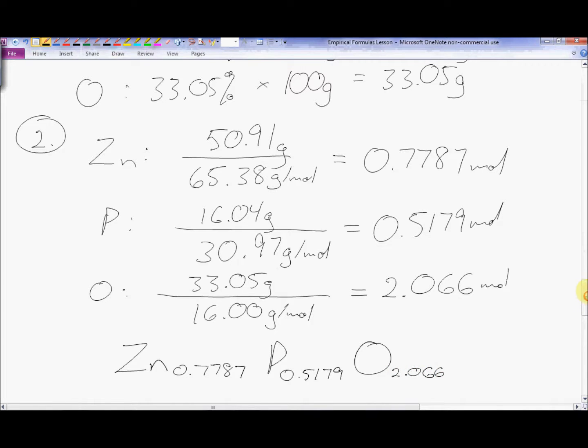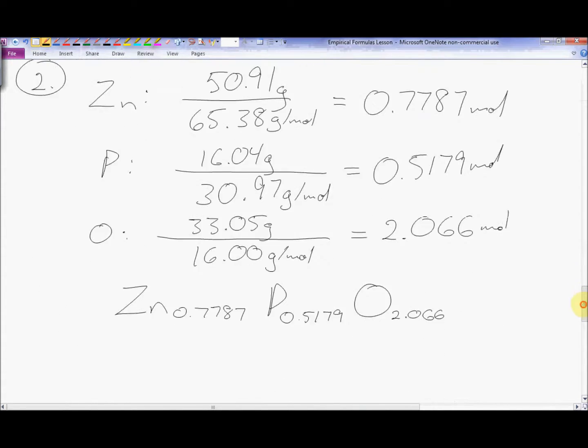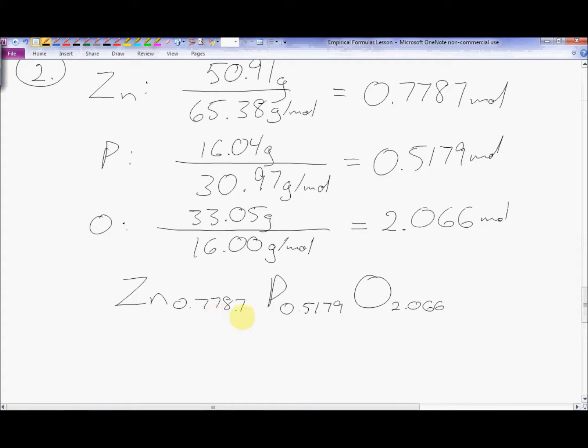Moving on to step 3, convert the number of moles of each element into whole numbers that become subscripts in the empirical formula by dividing each amount in moles by the smallest amount. Okay, so let's find the smallest amount. We've got 0.7787, 0.5179, 2.066. Well, clearly 0.5179 was the smallest amount, so let's divide all three by that amount.